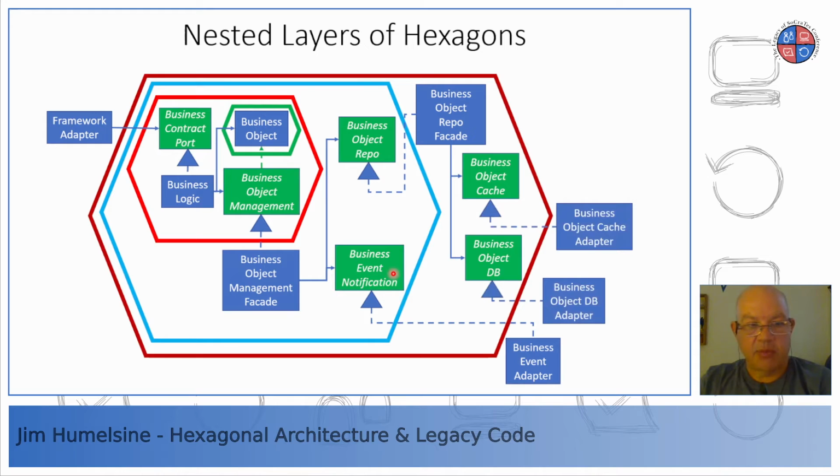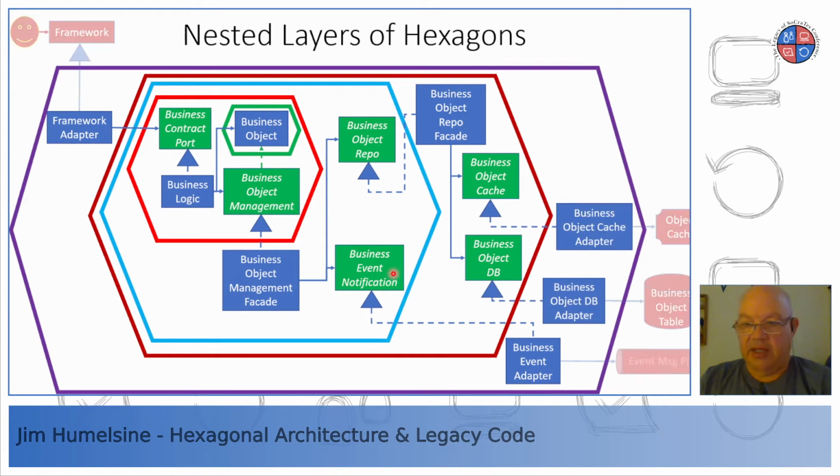Each of these have adapters. And then finally, we have the full set of externals. So a request comes into the framework. It gets translated through the adapter. The adapter sends it to the business port. The business logic does its thing. And when it's done, it may send a request to the business object management that says, hey, persist this order, or create this order, I should say.